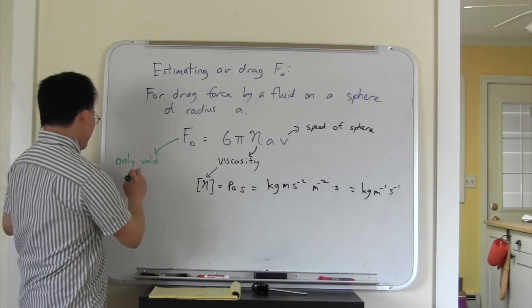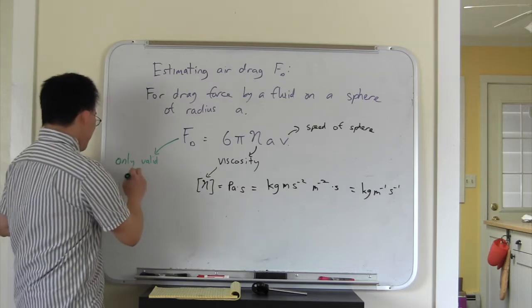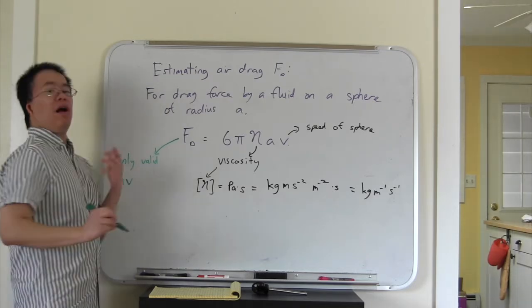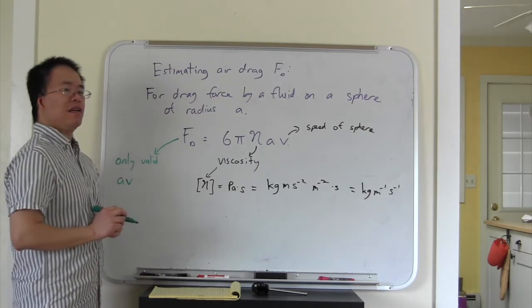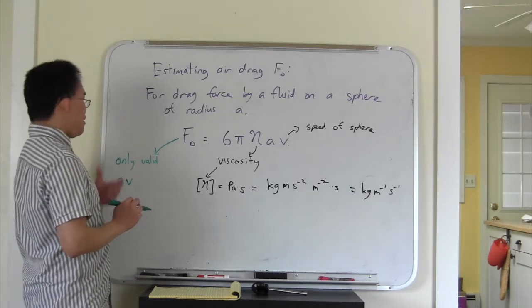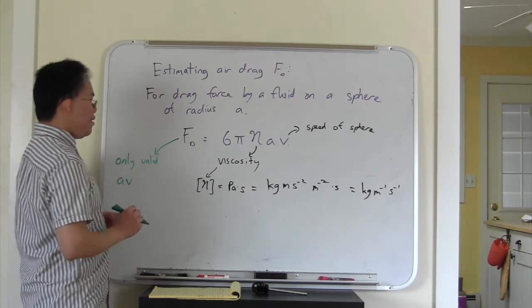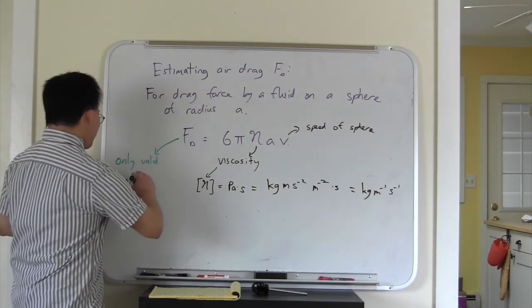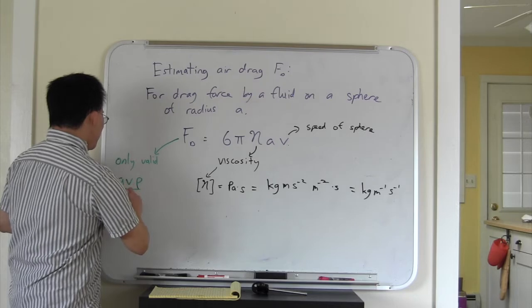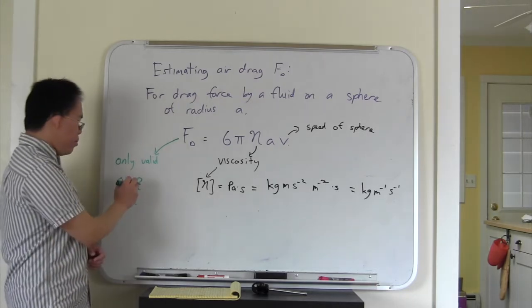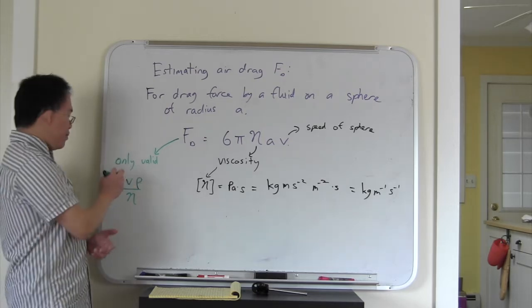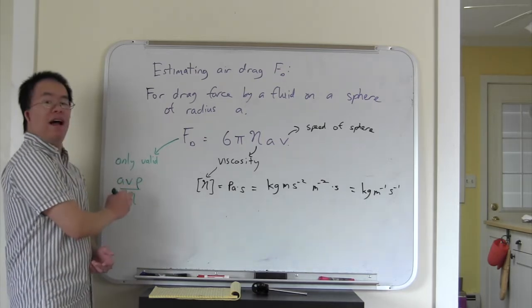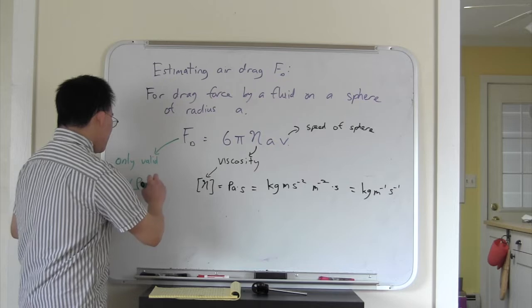So it requires that the size of my object times how fast it's going, and the density over the viscosity, be small. Rho is the density of my fluid, A is the size of the object, V is how fast it's going, and eta is my viscosity.